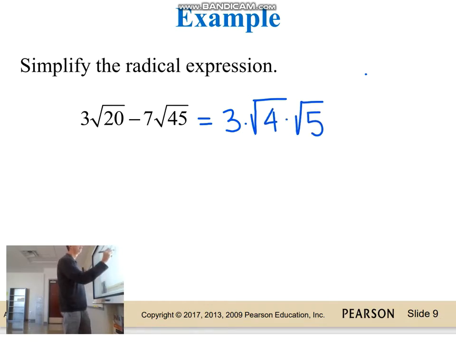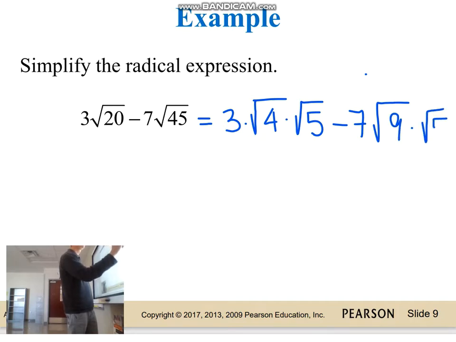This is 20. Minus 7 times the square root of 9 times the square root of 5, since 45, as we have seen before, is the square root of 9 times the square root of 5. Correct?